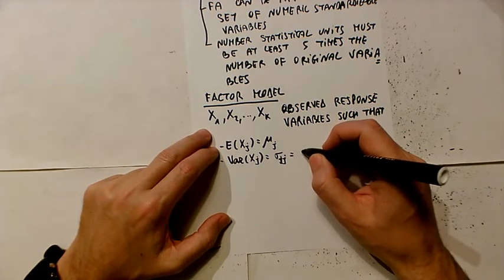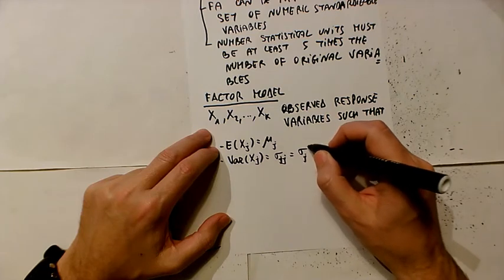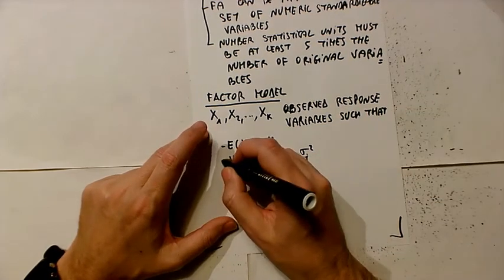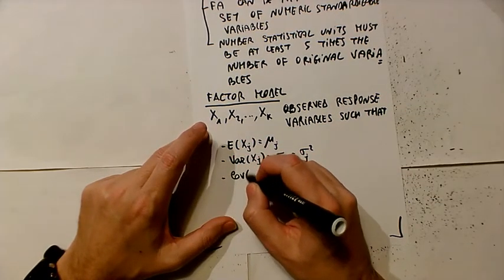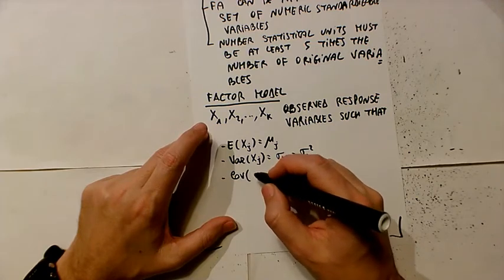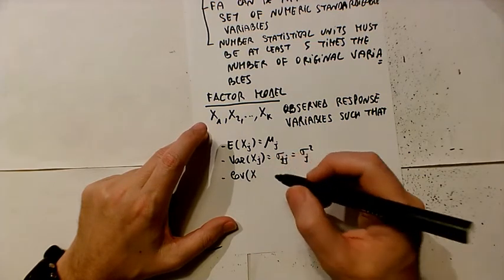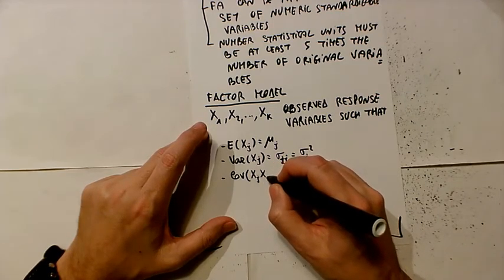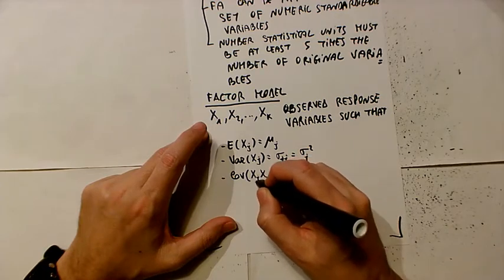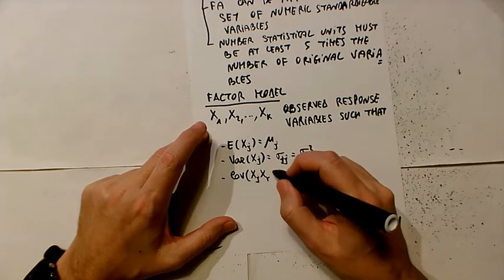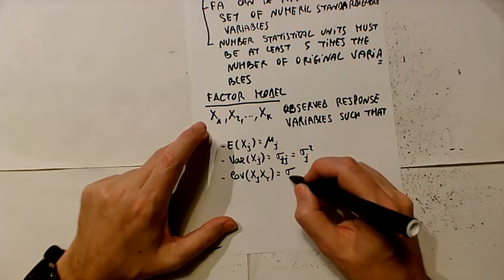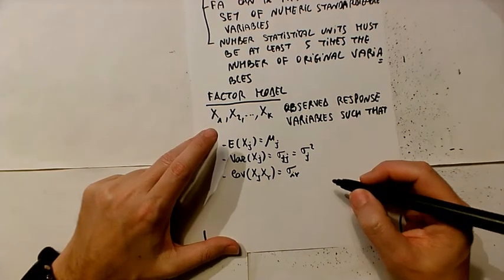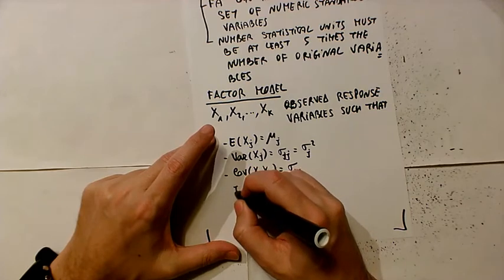The variance can also be denoted by sigma j squared, where sigma j is the standard deviation, and the covariance between each possible couple of response variables xj, xr is denoted by sigma jr, with j and r equal to 1, 2, up to k.